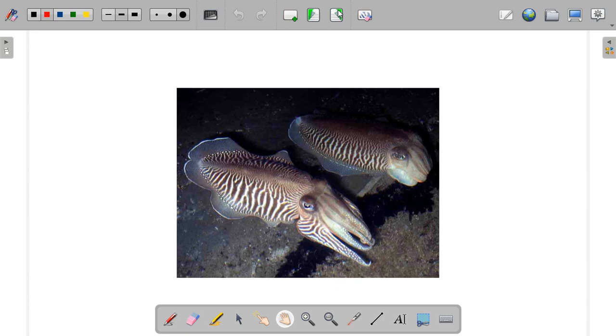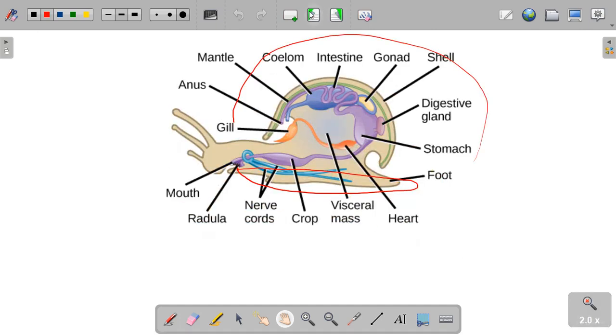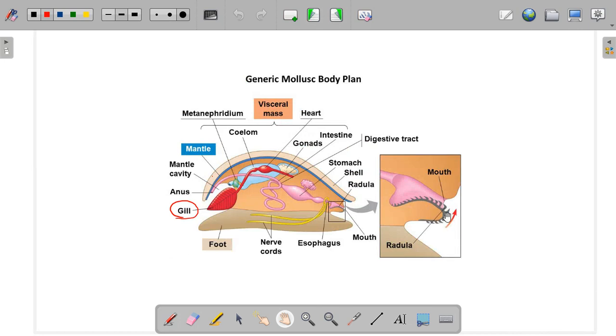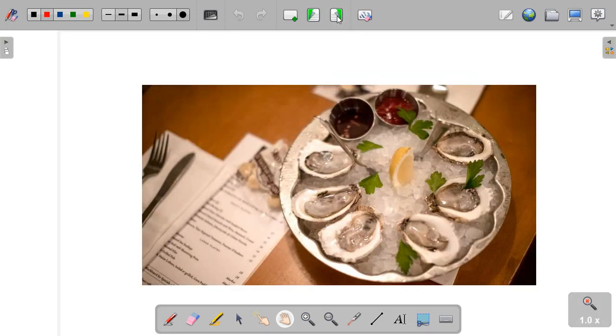These are tusk shells. Looking at this, you can see clearly the body is present inside the tusk shell. You can see the radula clearly visible here, the mouth part having a radula, rasping organs, so they can chew the prey. And these are some delicacies used in other countries where they even eat the content of the oyster.